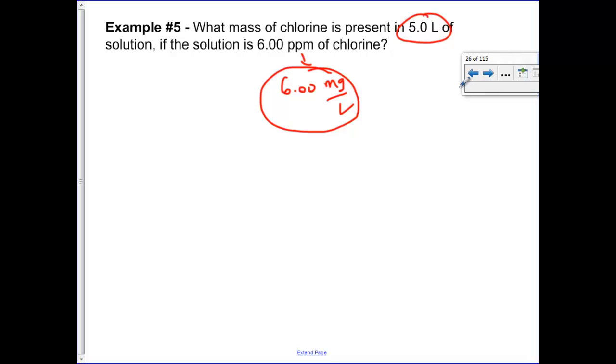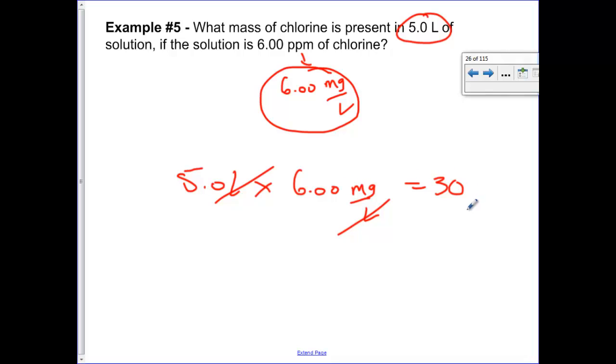What should I do with them? Cancel out the liters, yeah, by multiplying them together. So it might look like this: 5 liters multiplied by 6 milligrams per liter, and you see how the liters will cancel? So what am I left with? 5 times 6 is 30. What are my units in though? Yeah, milligrams.